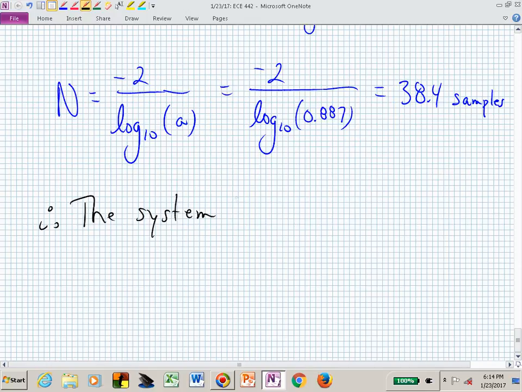Therefore, the system transient will take approximately 38, but it's not going to take 38. It's going to take more than that. And what's n? Capital N. It's an integer, isn't it? So we have to wait not 38.4.